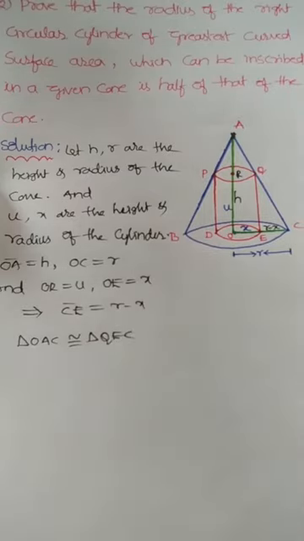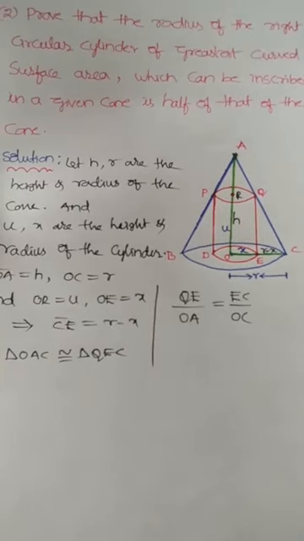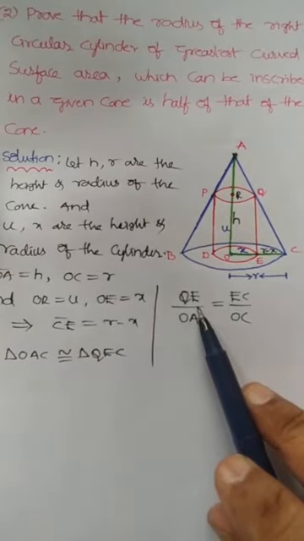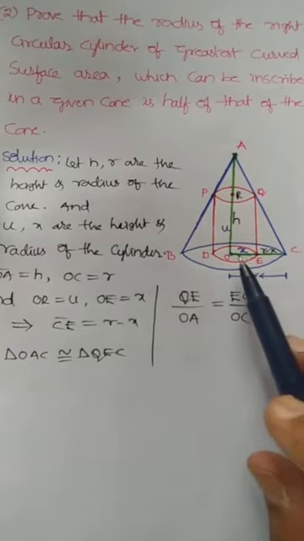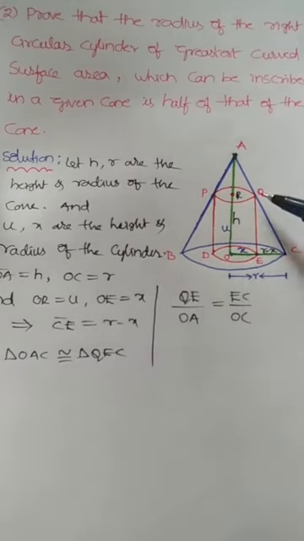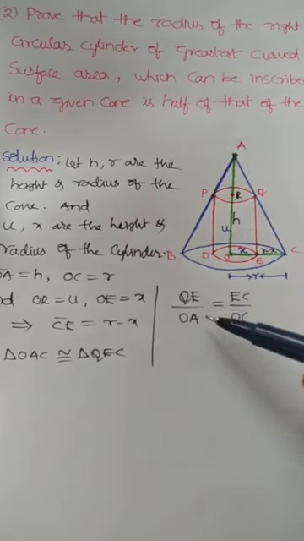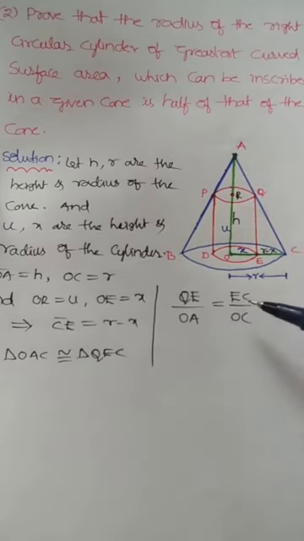So let us start the comparison between the two triangles. QE bar is compared with OA bar. So QE bar by OA bar is equal to the ratio EC bar to OC bar.